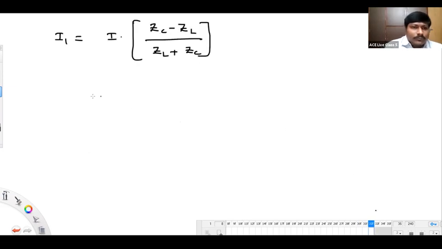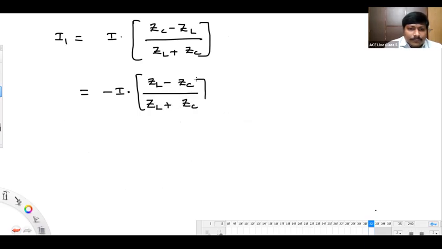I will take minus common here, so it will be ZL minus ZC by ZL plus ZC. This is I1.